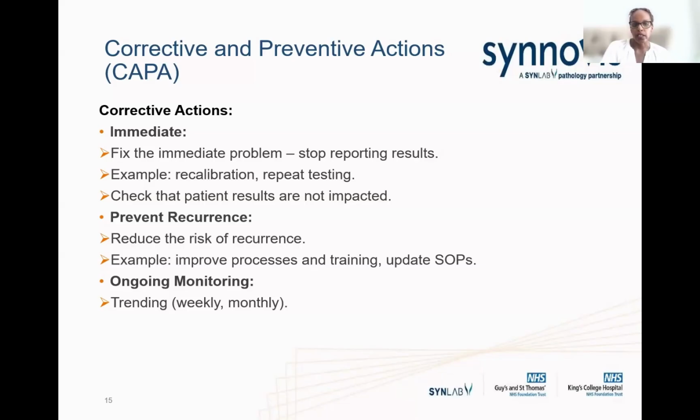Because if you had hundreds of results going out in the morning because your QC was fine, and at midday you repeated it twice and they're both out, you need to investigate those values. What is the level of the QC you're using, and how has that impacted the results that have gone out to the patient? So you put it on hold and stop reporting until you complete the investigation and you are assured the results that have gone out to patients were correct, and you don't need to recall anything and rerun.